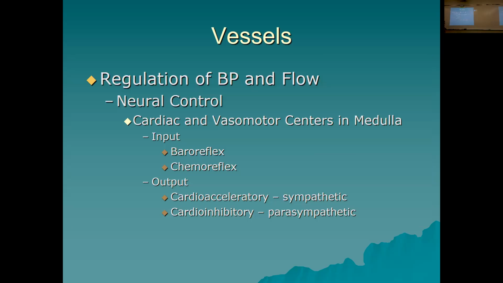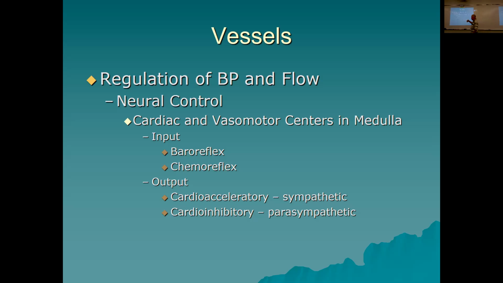Okay. So let's look at the regulation of blood pressure and blood flow. Neural control. Now, there are going to be neural controls and hormonal controls. The neural controls are the cardiac and vasomotor centers in the medulla oblongata. And you need to know where these control centers are and the input to them and the output.